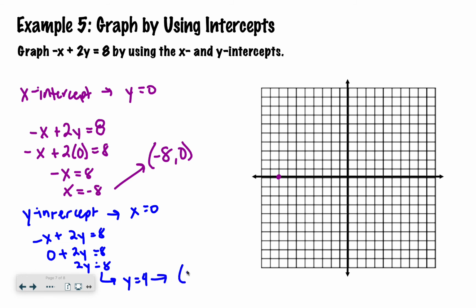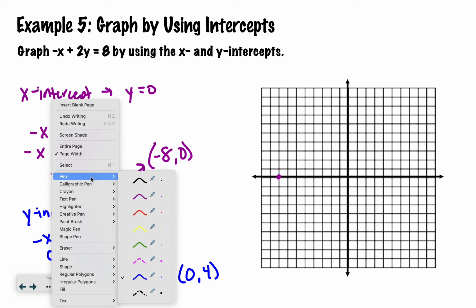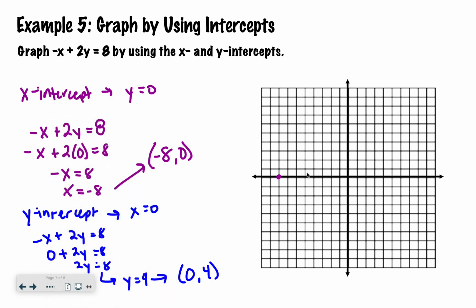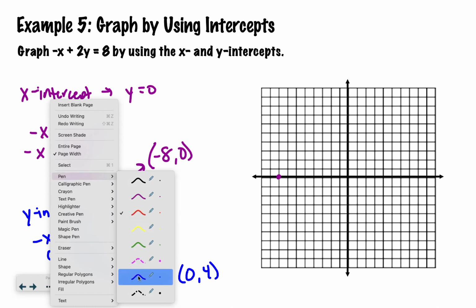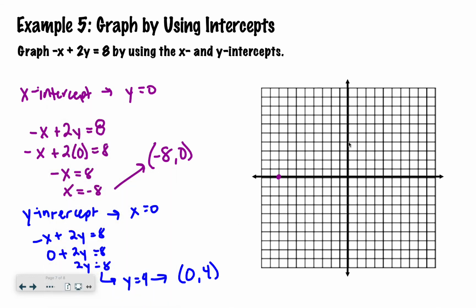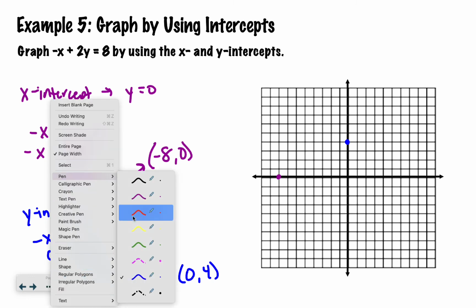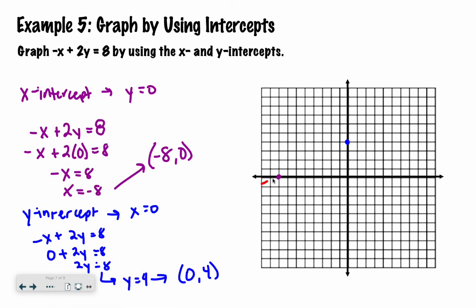So your ordered pair, x was 0, y was 4. Actually, let me switch back to blue. (0, 4) would be an ordered pair right there. And then all I'm going to do is connect those two dots. And that is how you graph using intercepts.